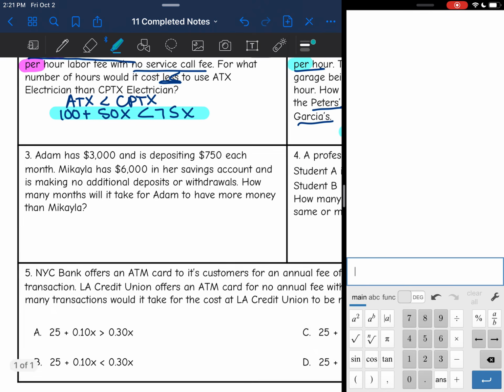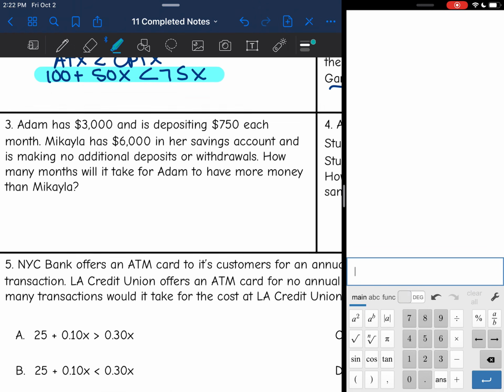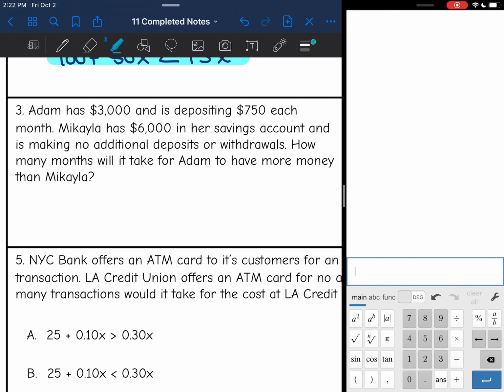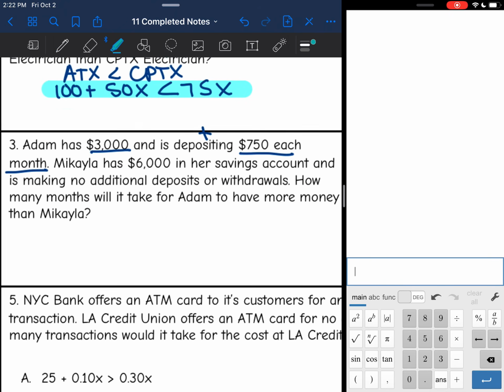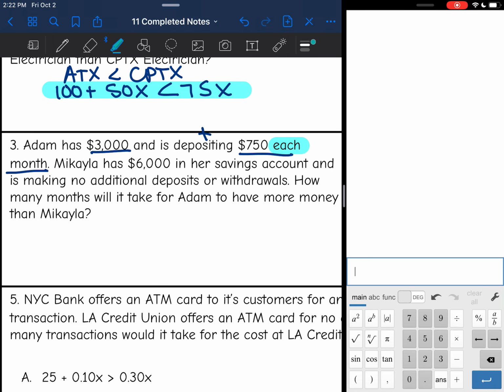Okay, number 3. Adam has $3,000 and is depositing, so he's adding another $750 each month. There's that word each, means repeating, so there's where my x is going to go.